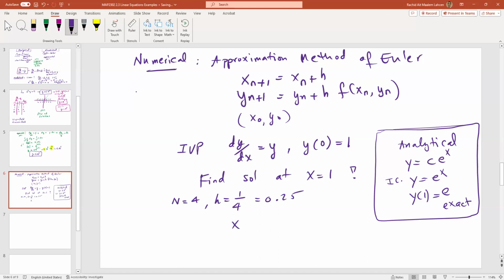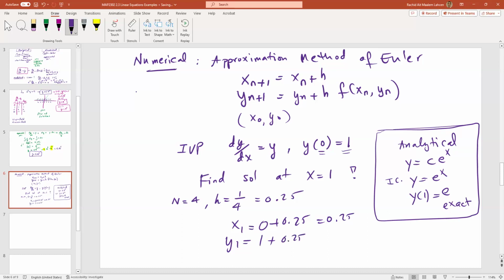Now you start with this method: x1 equals x0, which is that, plus h, then y1 from y0, which is this. And h is 0.25.